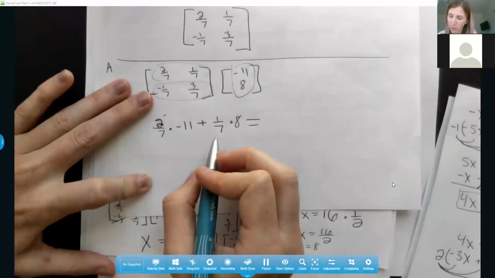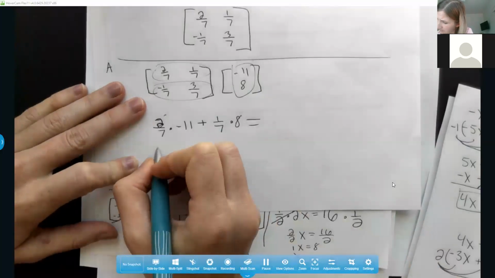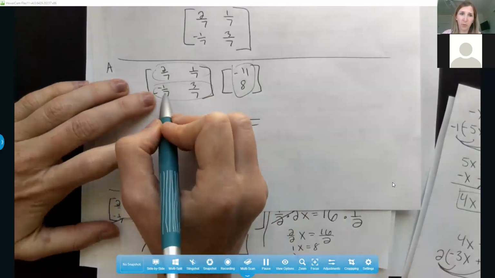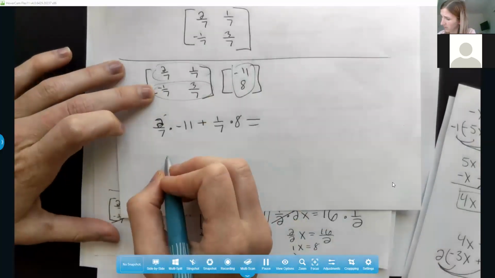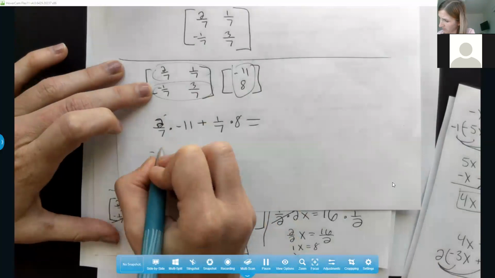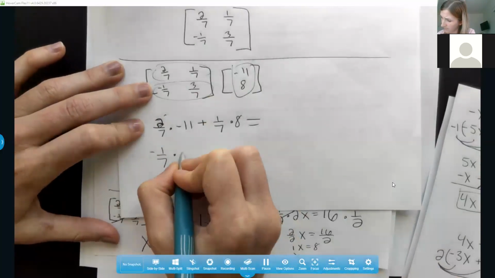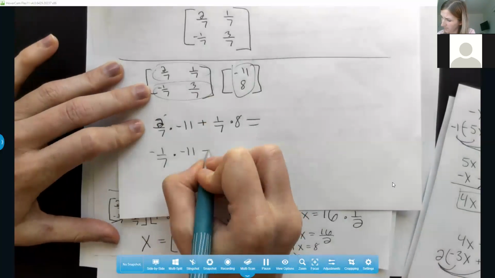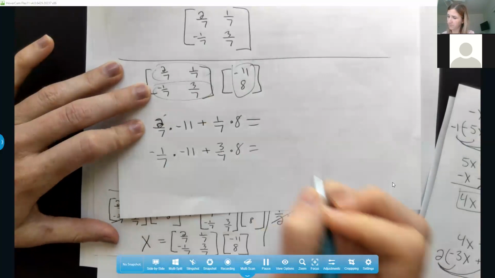So what will the second row be? It would be 2/7. Oh, we're on the second one now. This one, -1/7. So -1/7 times -11. Plus 3/7 times 8. Perfect.